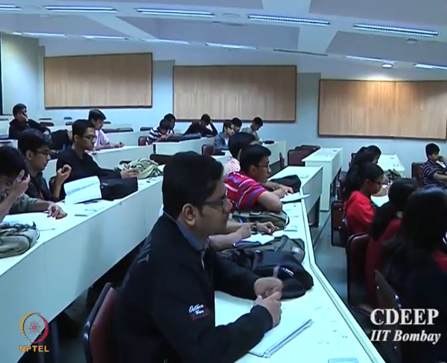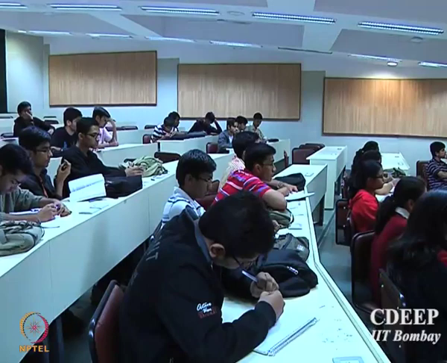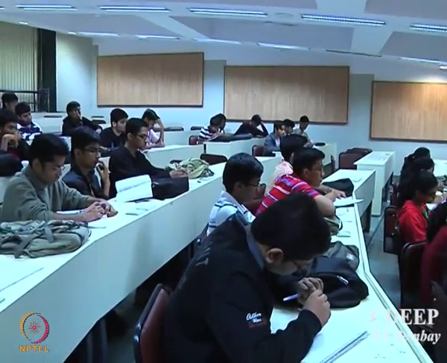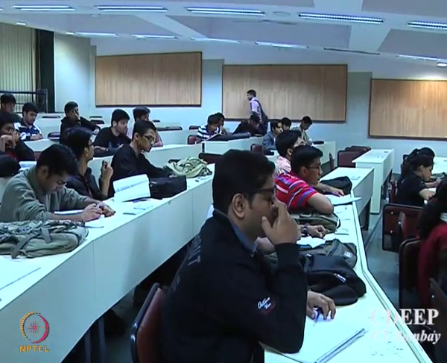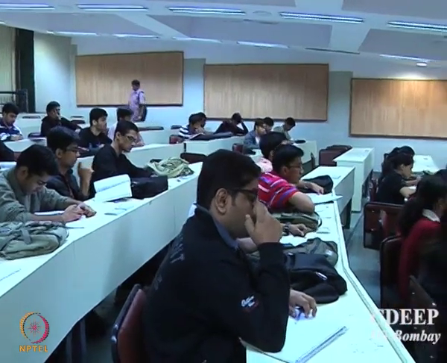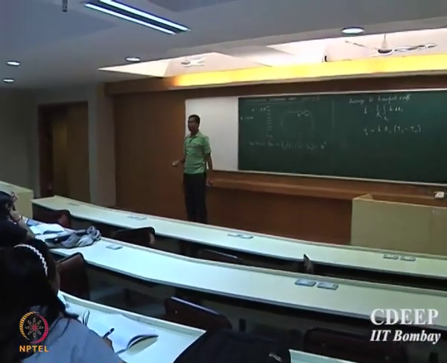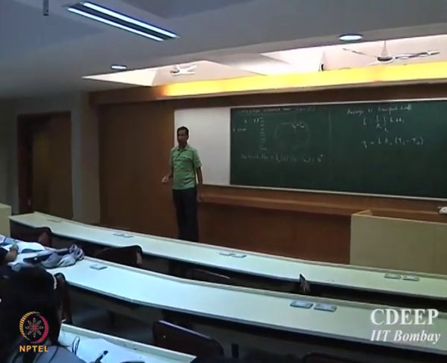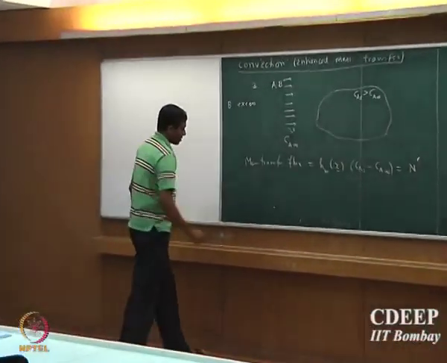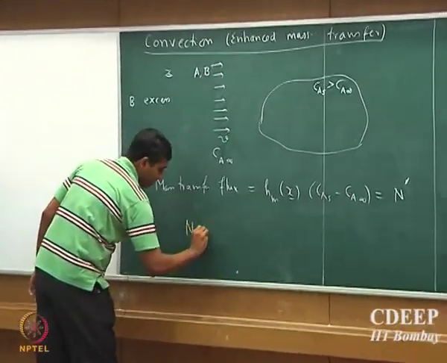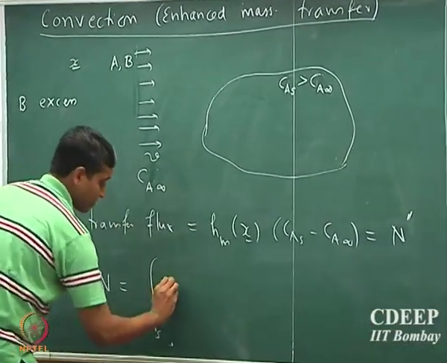So you have some mass transport coefficient, which is again a function of position, multiplied by CAs minus CA infinity. Okay, so if I call this N double prime, N is the symbol I use for mass transport rate, and N double prime is the flux. Okay. So therefore, the net mass transport rate is given by the integral over the whole surface.